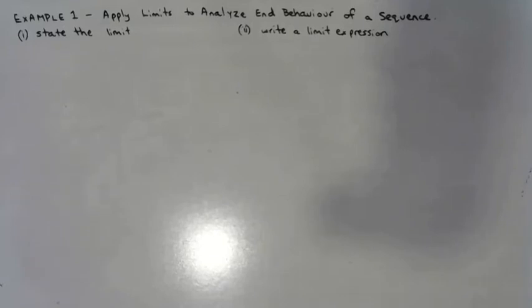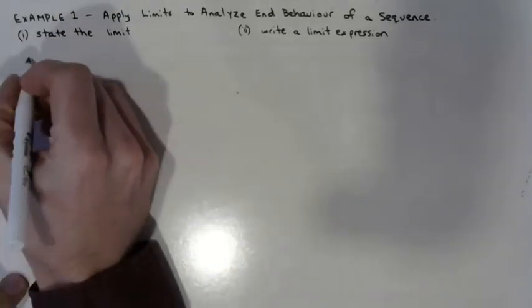Example 1, we're going to apply limits to analyze end behavior of a sequence. So we're going to do this with two different sequences. First, we're going to state the limit if it exists. If it doesn't exist, we're going to explain why. And second, we're going to write a limit expression to represent the end behavior of the sequence.